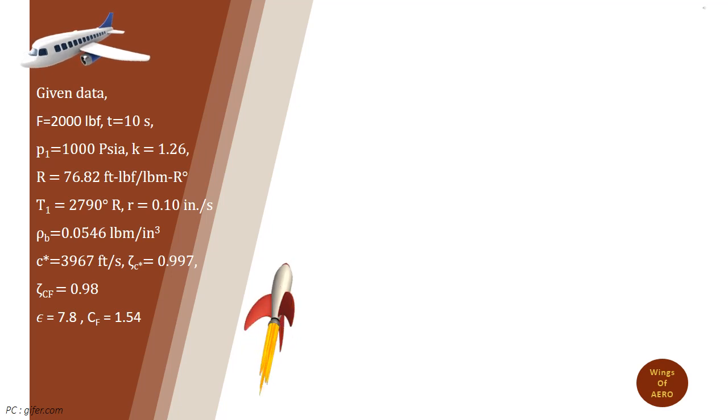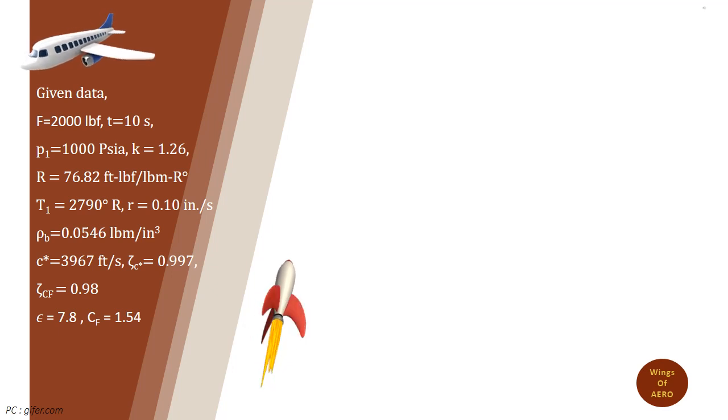Specific heat ratio is k, gas constant is capital R, chamber temperature is T1, burning rate is small r, and solid propellant density rho suffix b. An actual value of characteristic velocity C star and correction factor of zeta suffix C star, thrust coefficient correction factor of zeta suffix Cf are also given.